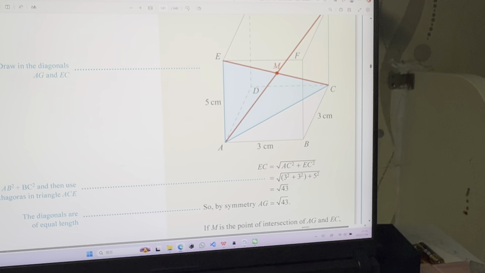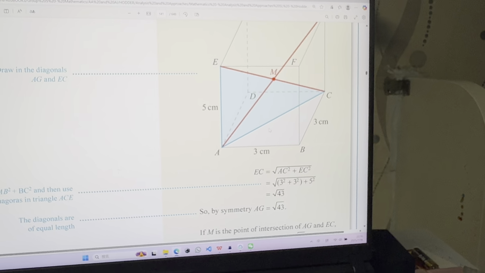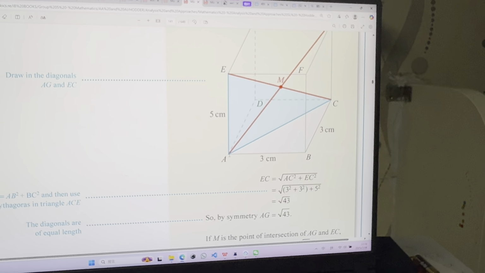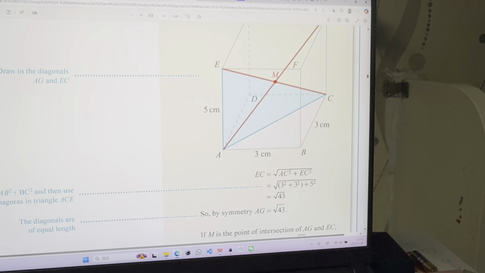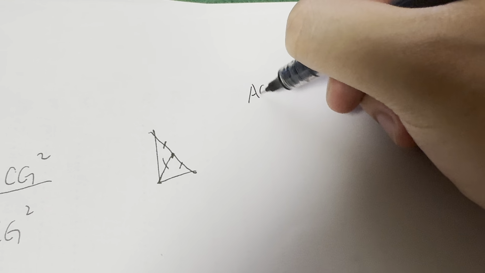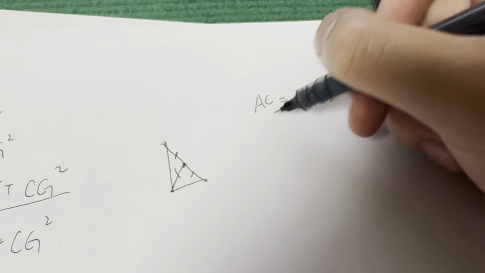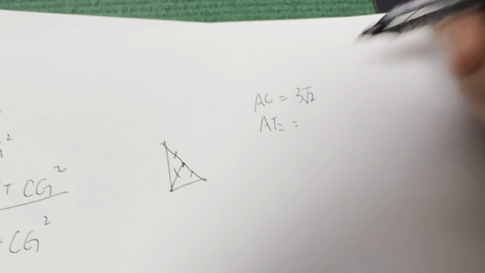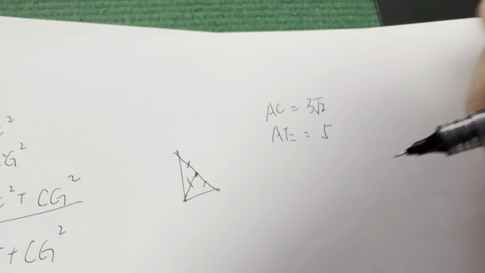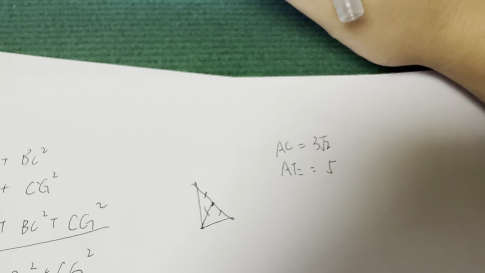AC is obviously 3 times square root 2, because this right triangle has 45 degrees. So my method will be: AC is 3 times square root 2, AE is 5.